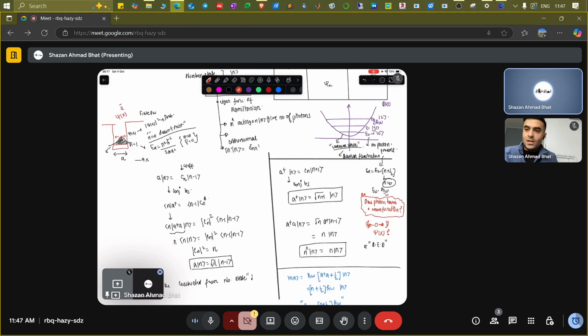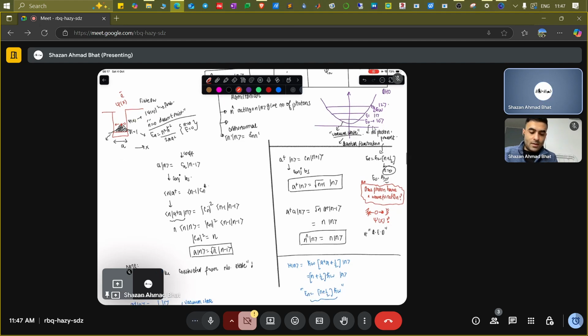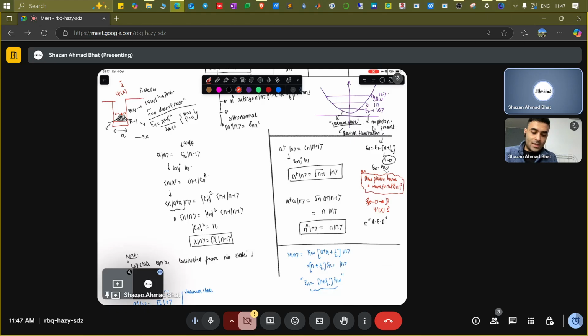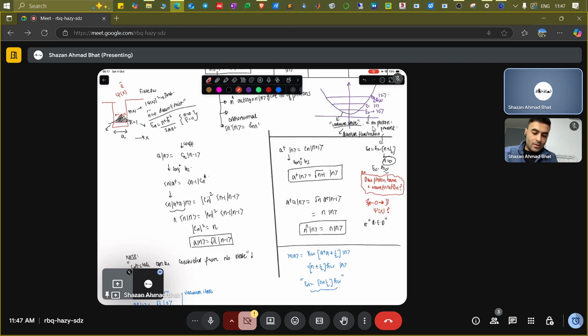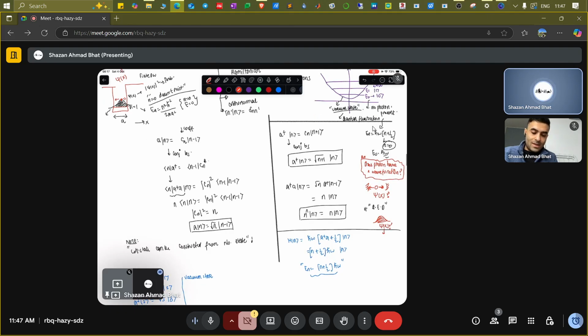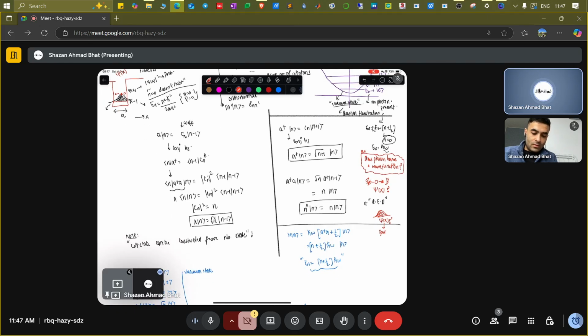Does it have any meaning to represent a wave function in X? Let's say a photon in state 0 has a wave function maybe represented like this. What does this represent? Does it represent a spatial spread of the photon?